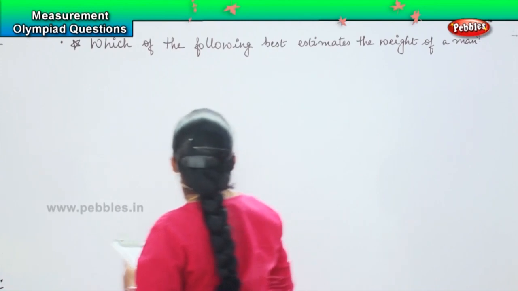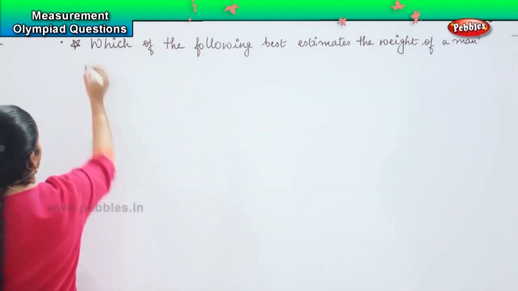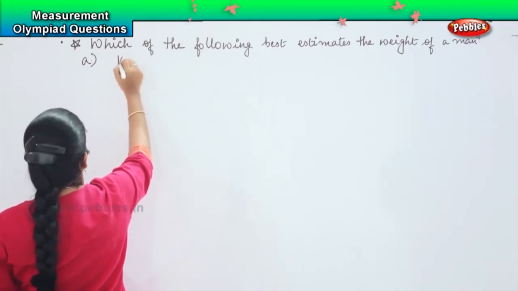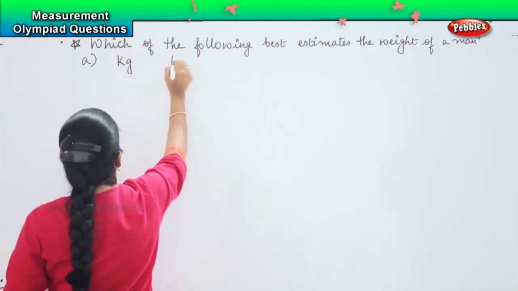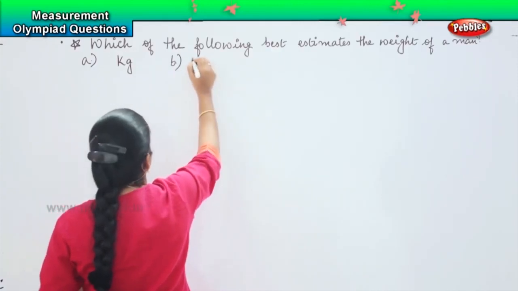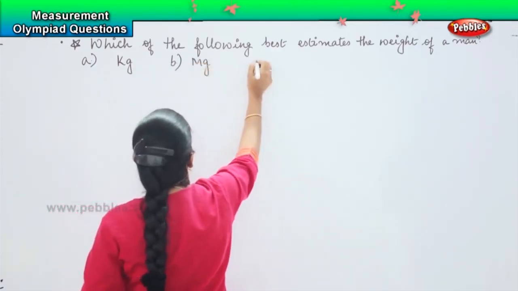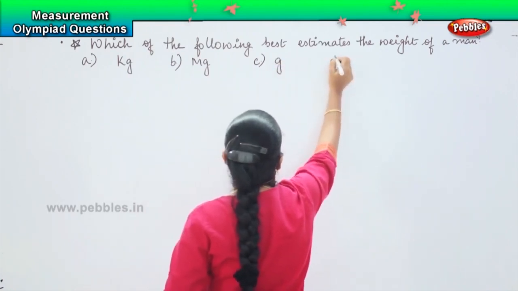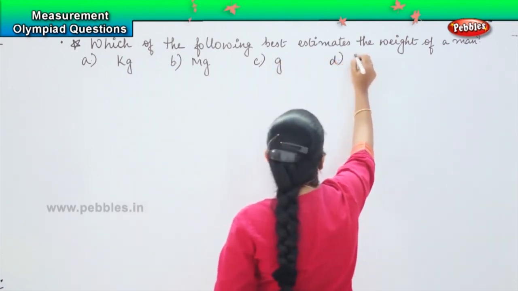Okay, so which of these best estimates the weight of a man? And your options are A, kilogram, B, milligram, C, gram, and D, decigram.